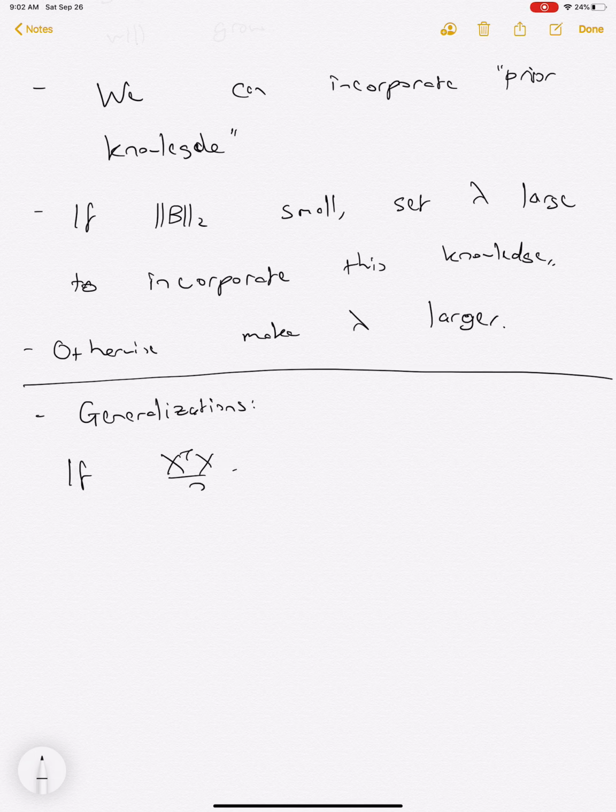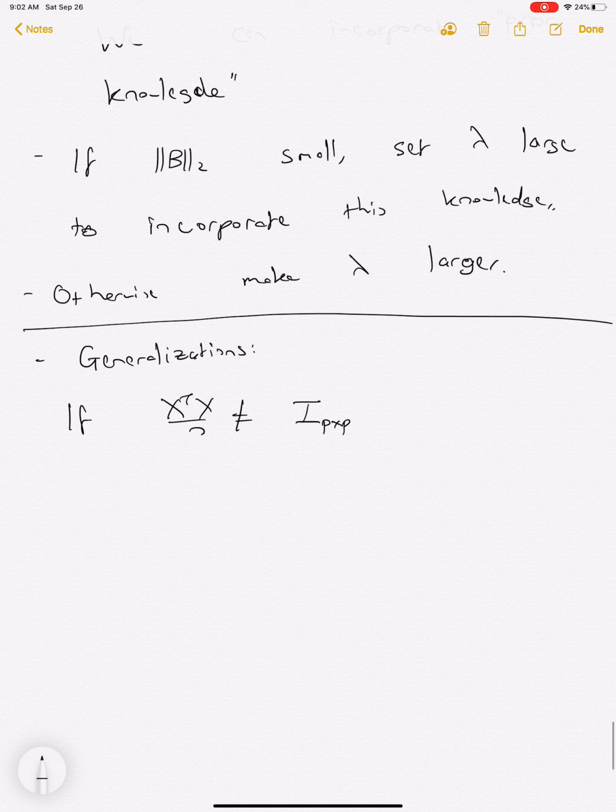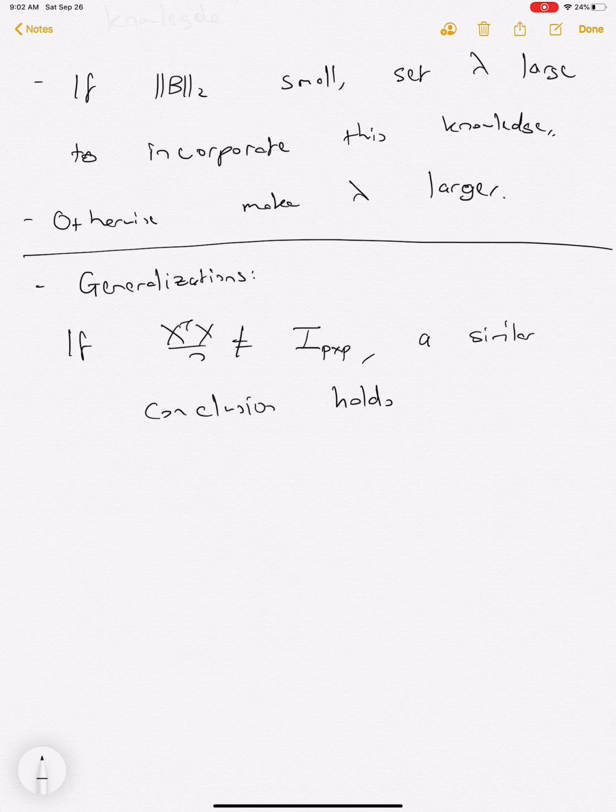If X transpose X is not the identity, a similar conclusion holds. The way you can see that is that you write X transpose X over N as an eigen decomposition.